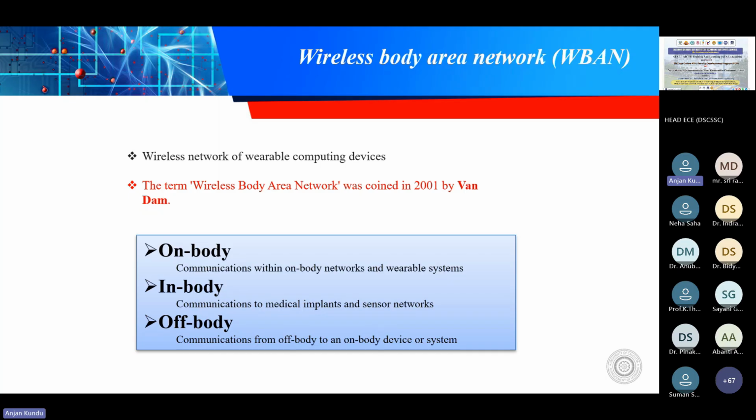Off body means there will be no physical connection between that sensor and the human body. There will be a minimum air gap. For example, if we wear a jacket over our t-shirt, there will be no physical connection between the skin and those off body medical sensors.